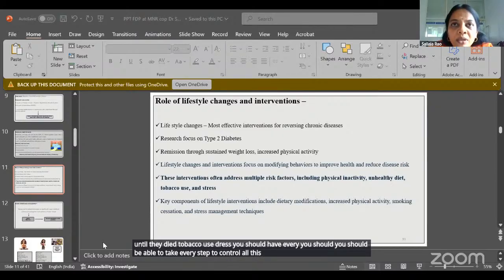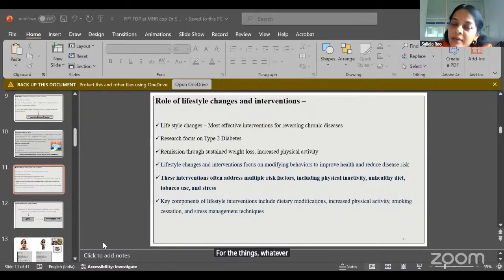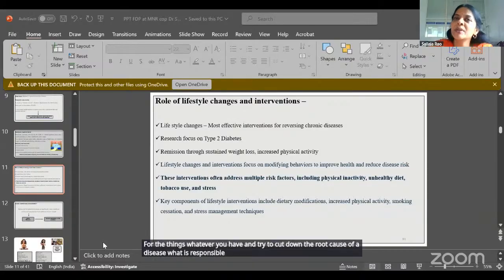Take your time for the things whatever you have, and try to cut down the root cause of a disease. What is responsible for what? So in the further slides I will be explaining that. Here we are more concerned about the chronic diseases. Next slide.